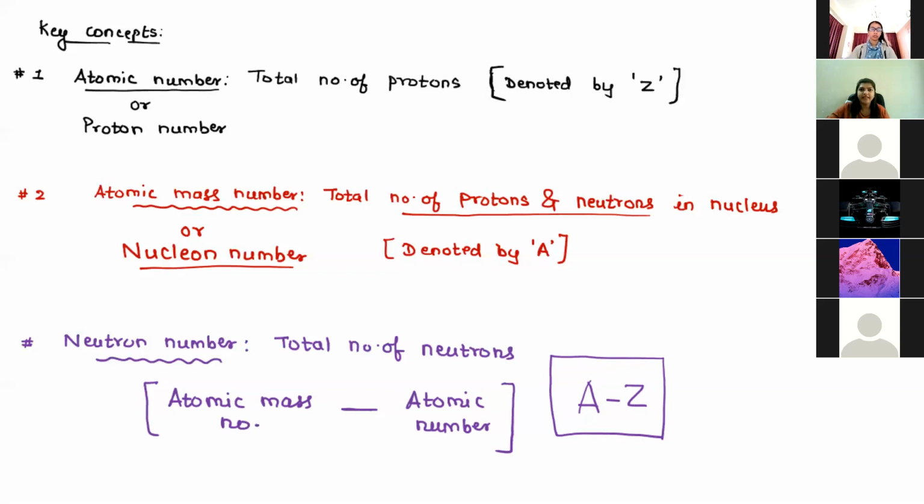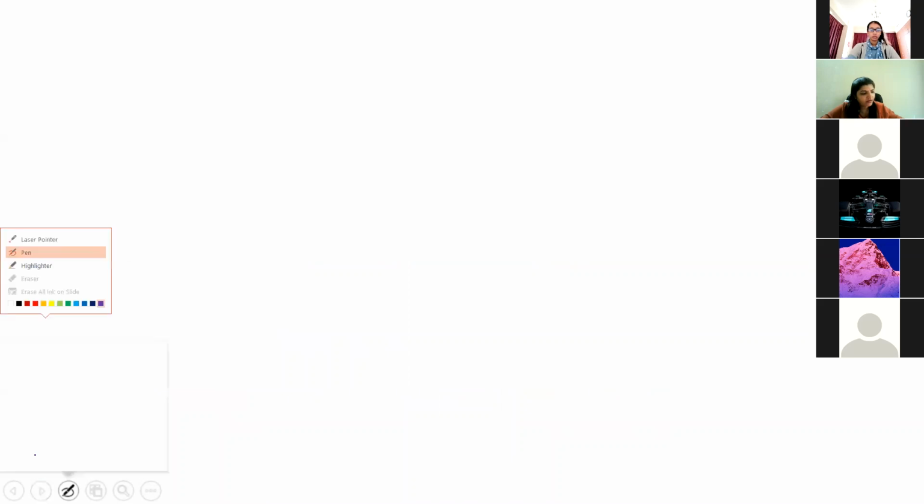Yes, Amima, do you have any doubt? Now the next is how an element is represented in the periodic table. You must have seen the periodic table, where there are some numbers written on each element. So what are these numbers?